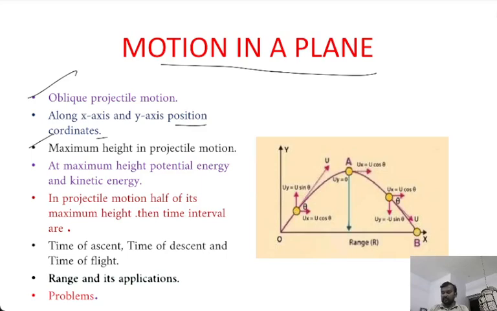At maximum height, how much potential energy and kinetic energy are present? At half of the maximum height, what are the time intervals? I also discuss time of ascent, time of descent, time of flight, range, and its applications, and related problems today.